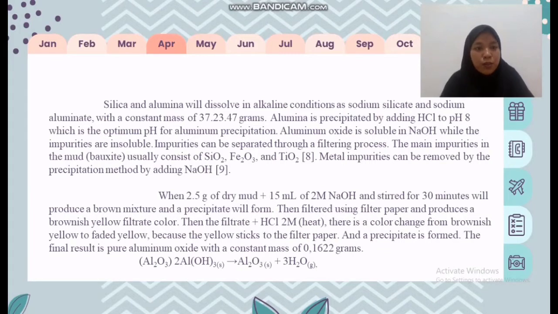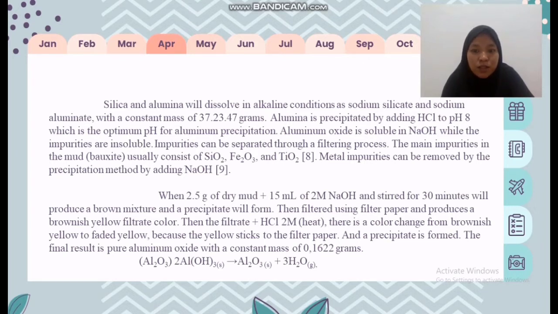When 2.5 gram of dry mud plus 15 ml of 2 molar NaOH is stirred for 30 minutes, it will produce a brown mixture and a precipitate will form. Then filtrate using filter paper and produce a brownish yellow filtrate color.